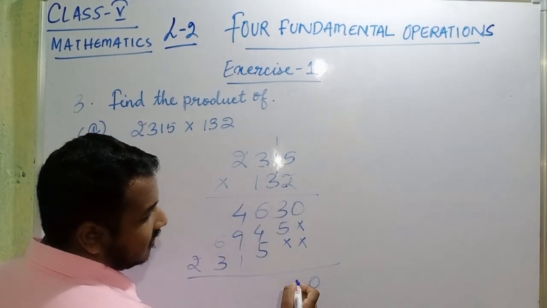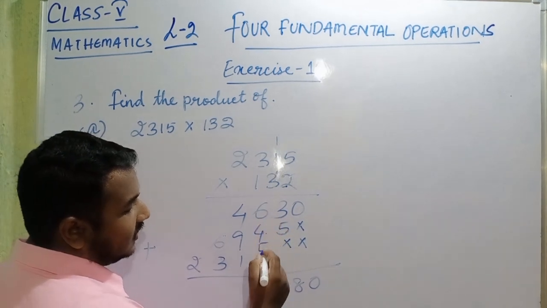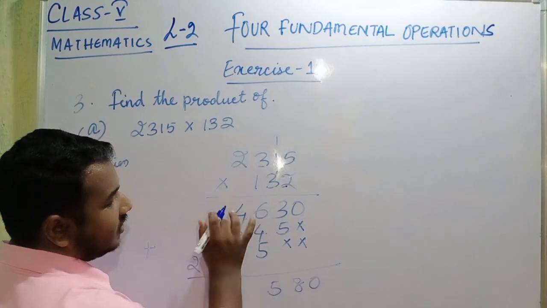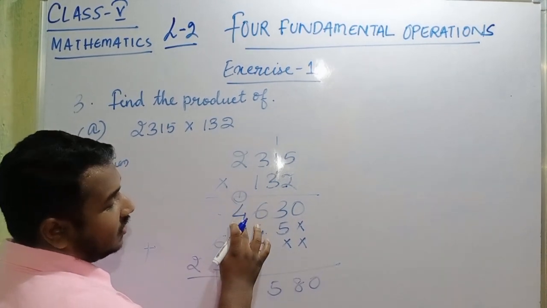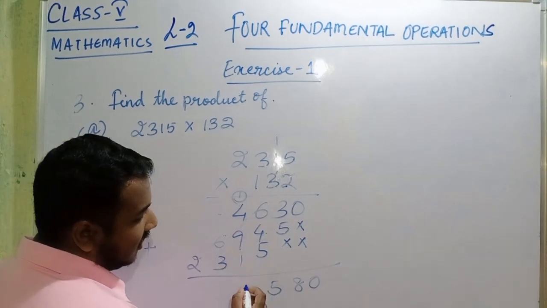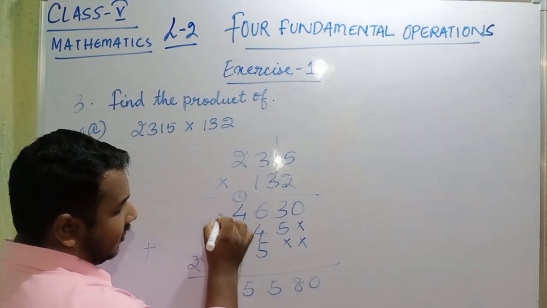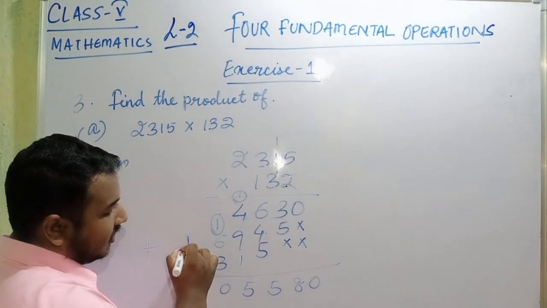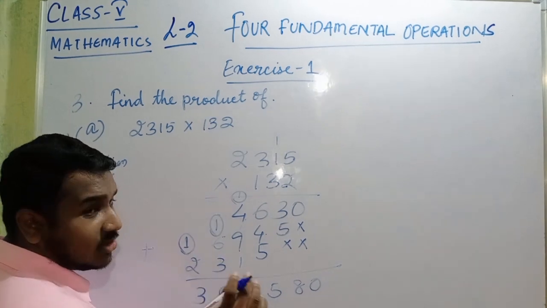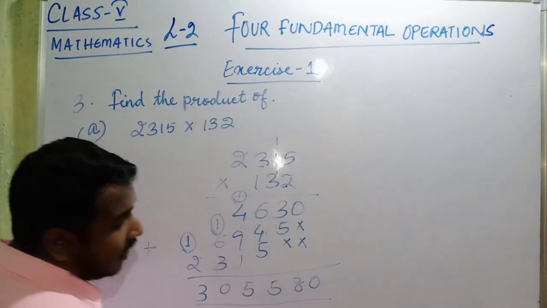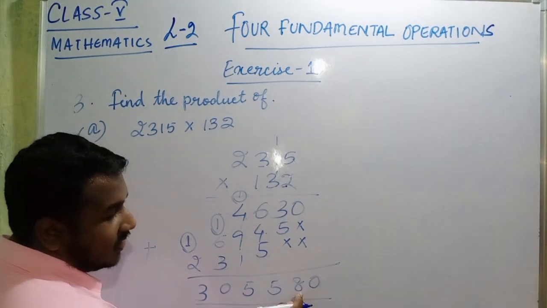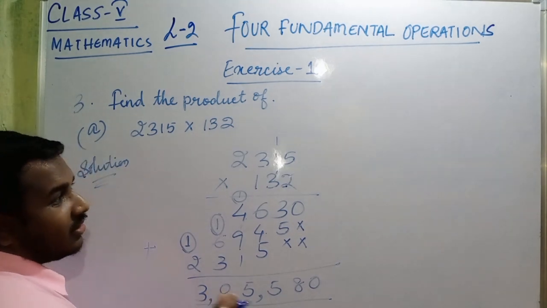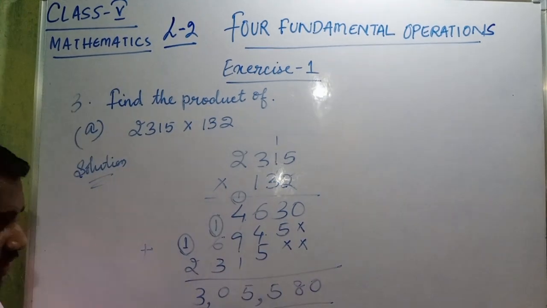Then 3 plus 5 becomes 8, 6 plus 4 is 10, 10 plus 5 is 15, carry 1, 1 plus 4 is 5, 5 plus 1 is 6, 6 plus 9 is 15. Now 5 and carry 1, 6 plus 1 is 7, 7 plus 3 is 10. Now 0 and again 1, 1 plus 2 is 3. So this is your ultimate answer. If you want to write it properly, how will you write? Ones, tens, hundreds, comma, thousands, ten thousands, then lakh. This is your answer. Okay.